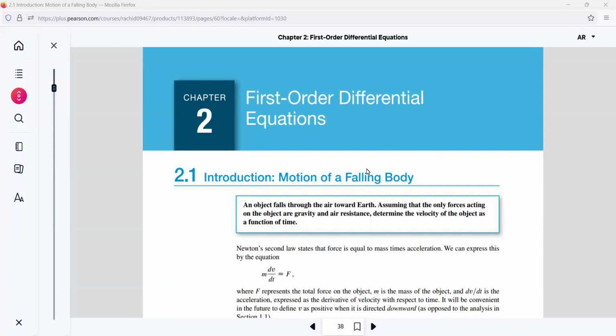So as you see here, for this kind of introduction, when the object is falling, it's going to be assumed that two forces are acting on it. And we know that based on Newton's second law, the force is going to be the mass times acceleration. And then there is some drag or some resistance due to the air.